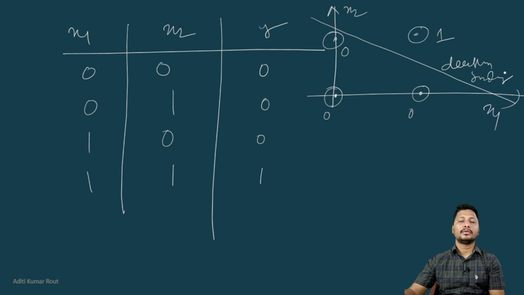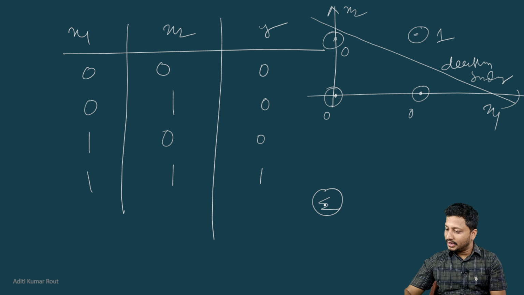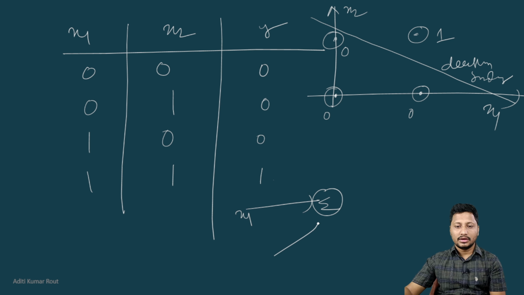If I implement it from an architecture point of view, here is our summation, our neuron, our perceptron. Here x1, x2, here w1, w2, here b, and we get x1 w1 plus x2 w2 plus b.